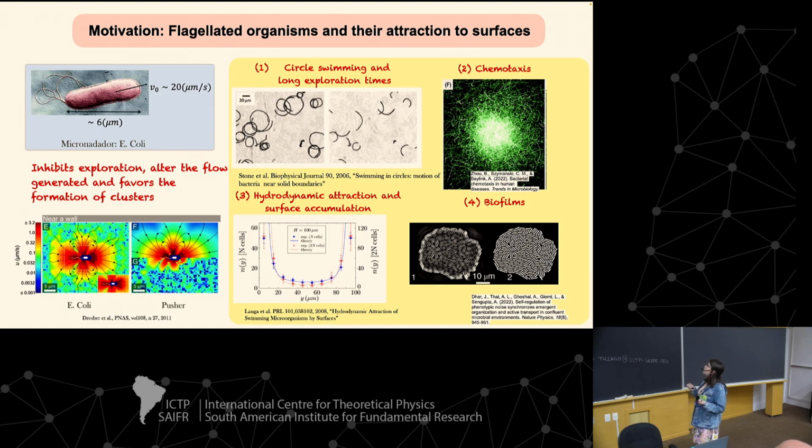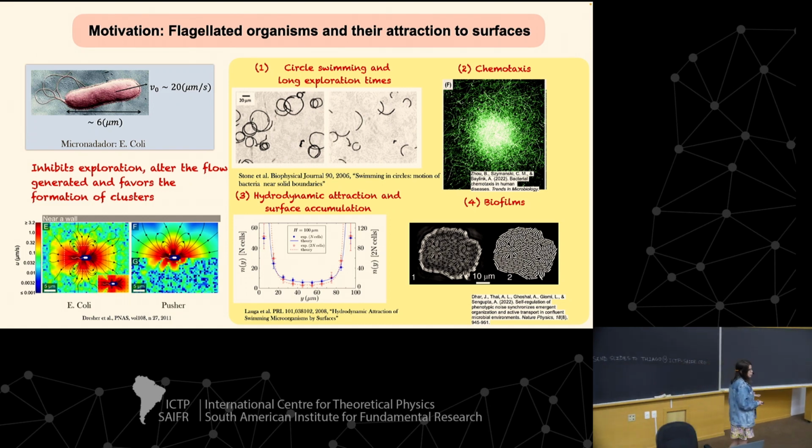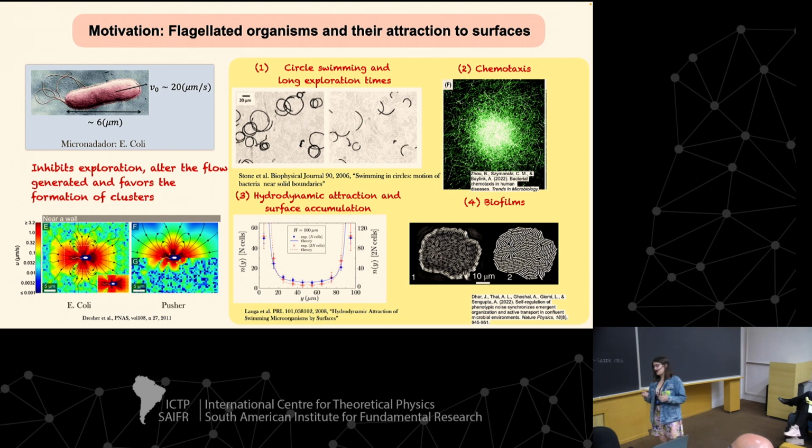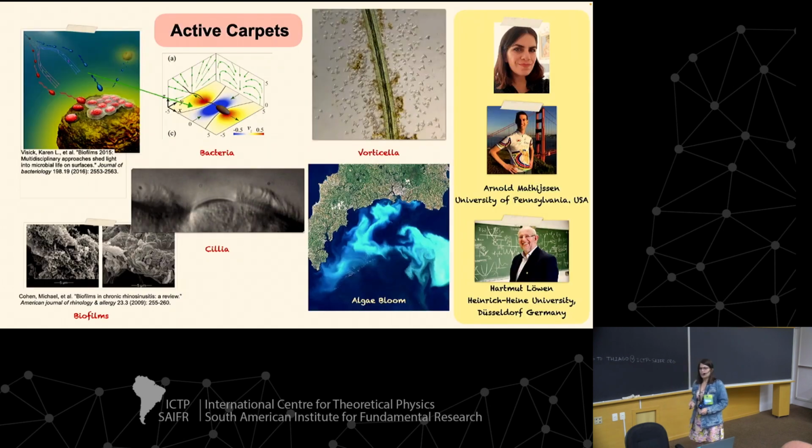So we will consider that microswimmers spend long times above surfaces, they like to swim close to them, and they are also forming interesting architecture above the surfaces. That's why we defined active carpets.